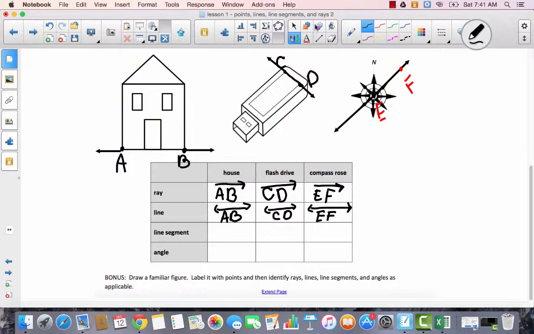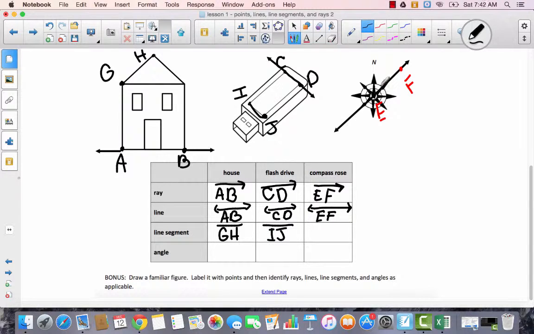Now the line segment, I could go in and just make the line segment in between, but I think I'll just make new ones. All right, so let's call this point G and call this point H. So I have line segment GH, and then over here I'll call this I, and J. So I have line segment IJ.